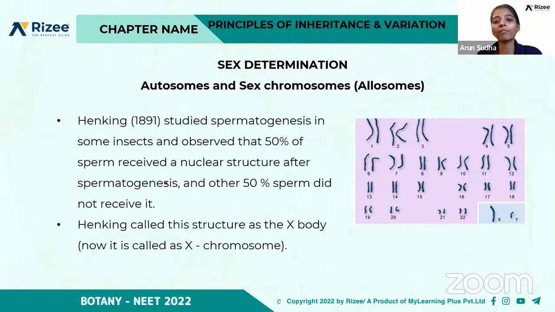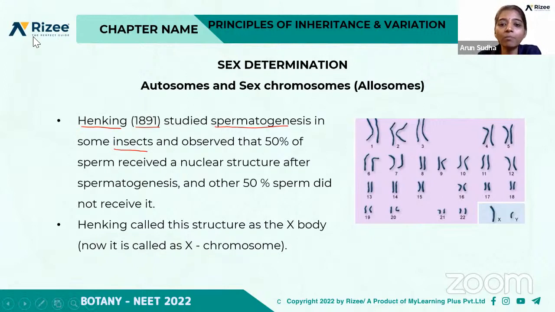How they found this out: the scientist Henking, in the year 1891, studied spermatogenesis, the formation of sperms, in some insects. Only in insects was this first discovered.